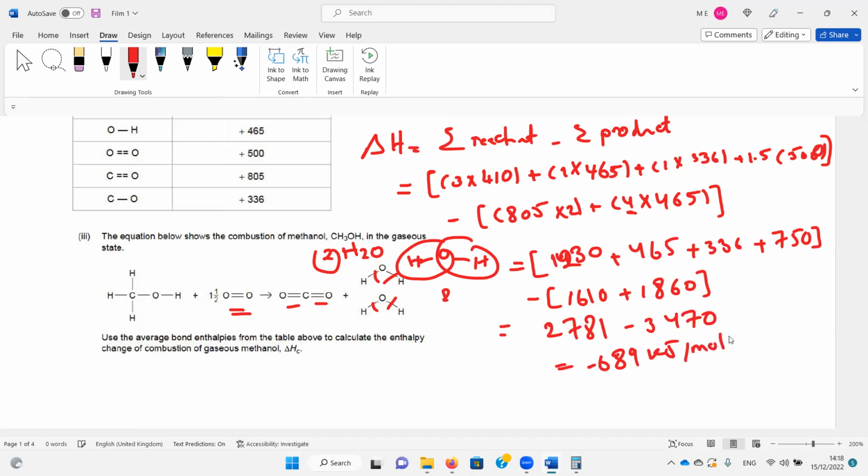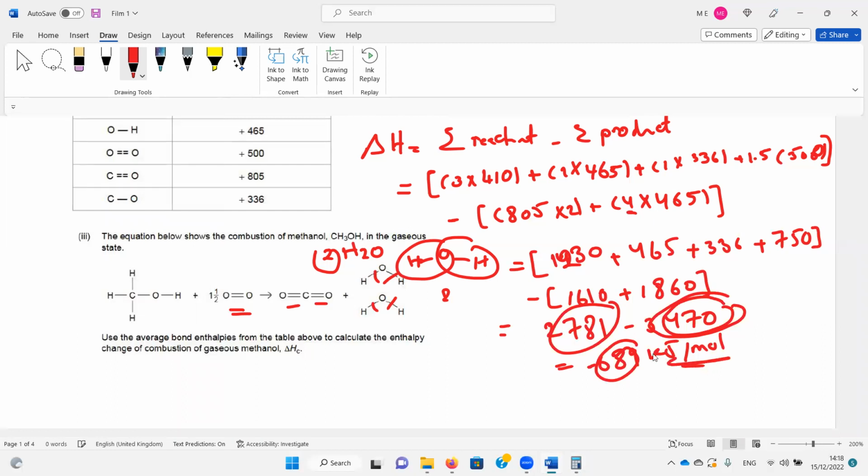Now the thing is, I have done this step by step because I wanted to get correct the summation of the reactants, which is this one, and the summation of the products, which is this one, which is the whole number. And also I wanted to get right the final answer, which is this one, and also the units.